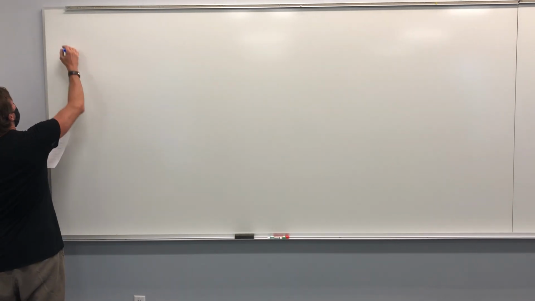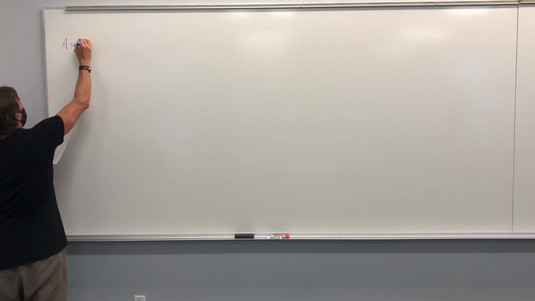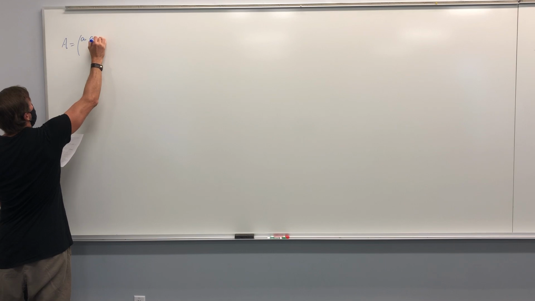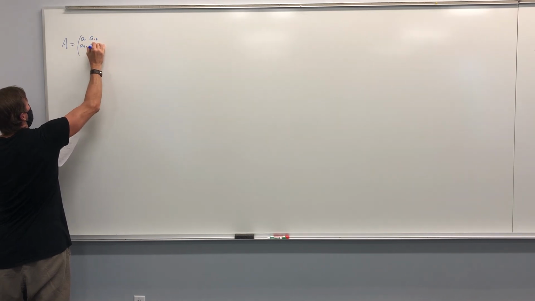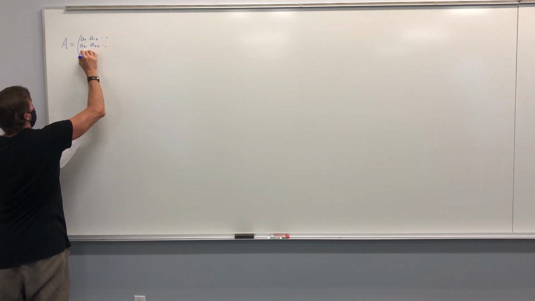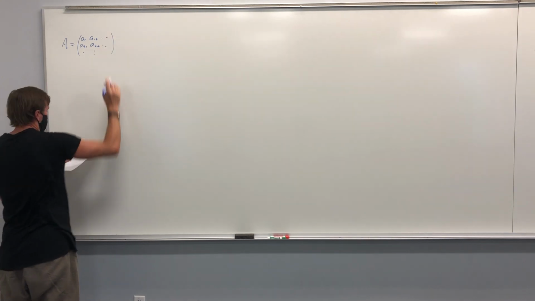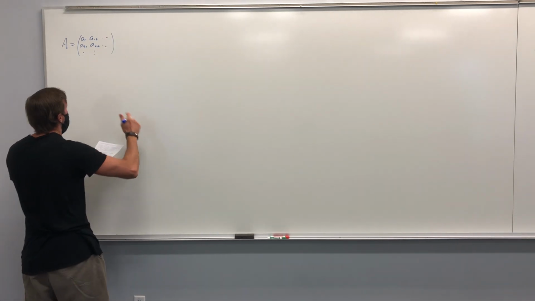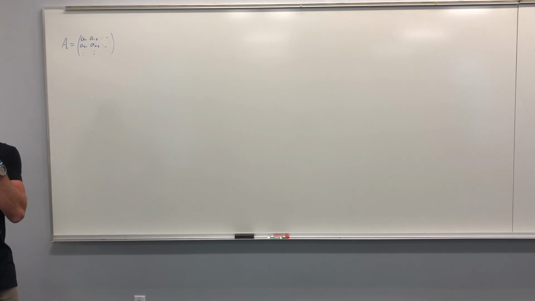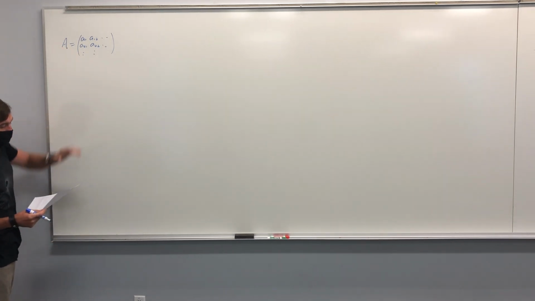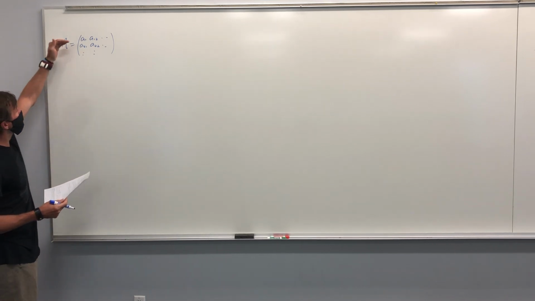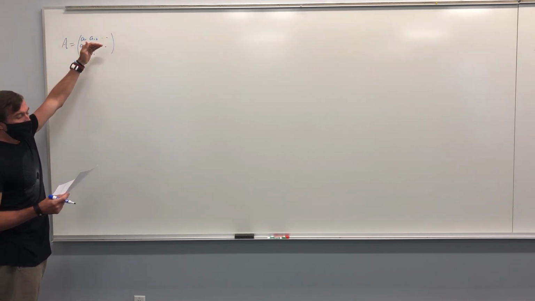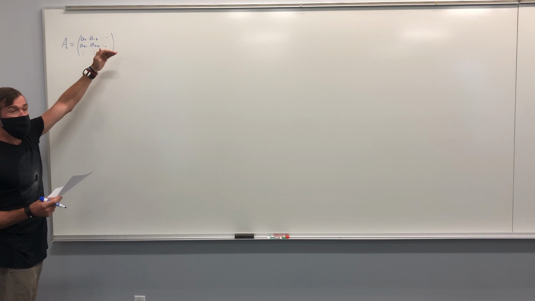So, consider a matrix A, where we normally label the components of A as such. But we're going to take A to be something special. We're going to take A to be a matrix comprised of row vectors which are orthogonal to each other.